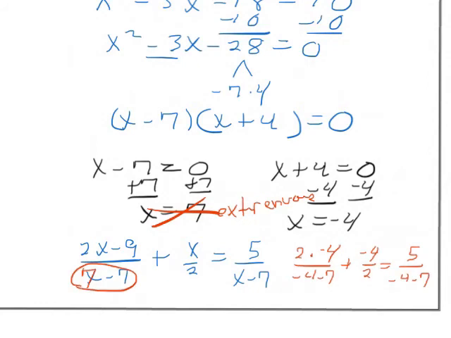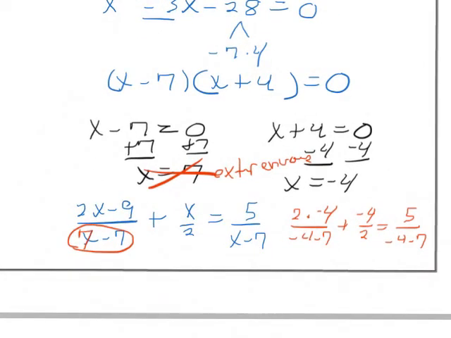All right, let's simplify that and see what that comes out to be. That gives me a negative 8 on the top, and on the bottom, negative 11, plus here I get negative 2, and over here I get 5 over negative 11. All right, now let's simplify this.